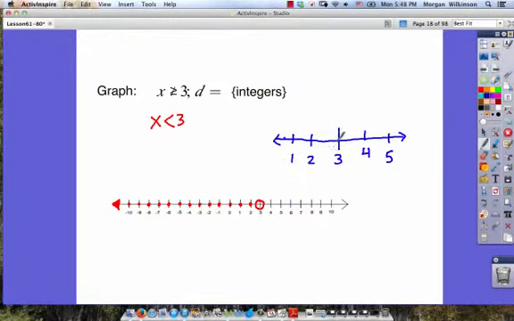The way you can show your answer: open circle on the 3. We can't raise up off the number line anymore because we're not including everything in the middle. So we're going to have a point graphed on 2, a point graphed on 1, and then we're going to bold the head of our arrow. And we've got our final answer. Key here is not to graph anything between our integers.